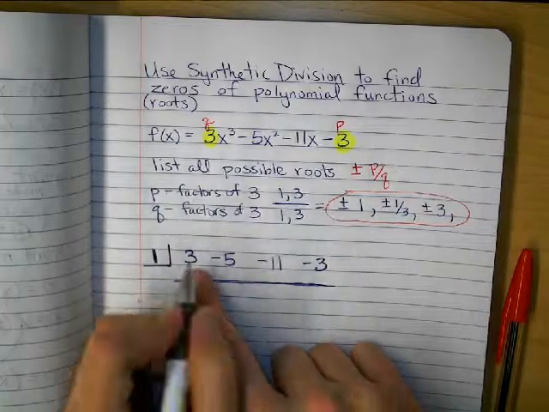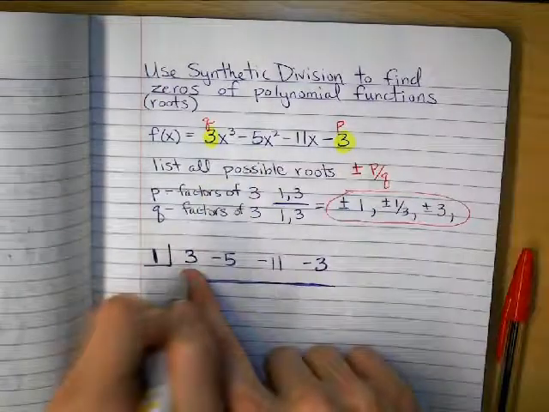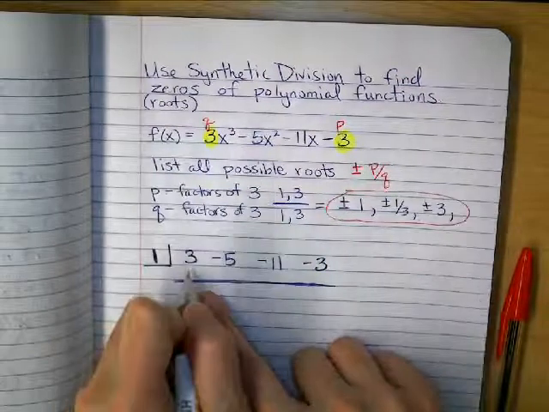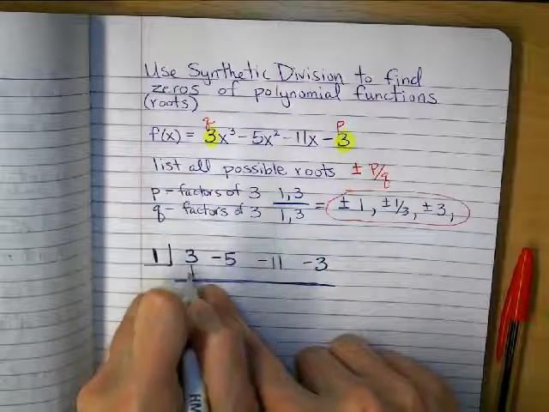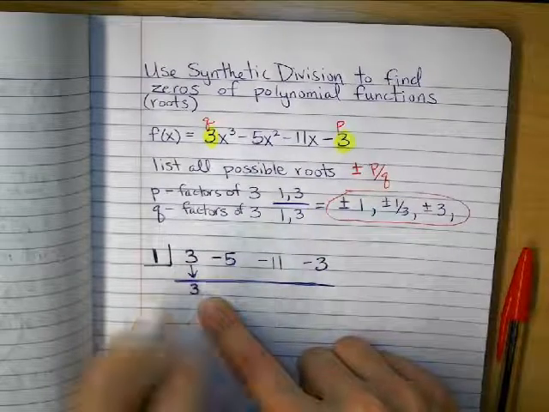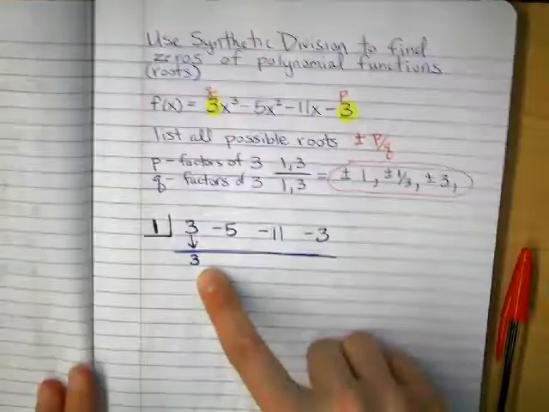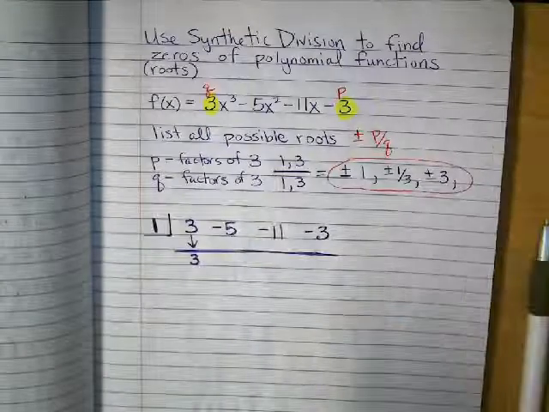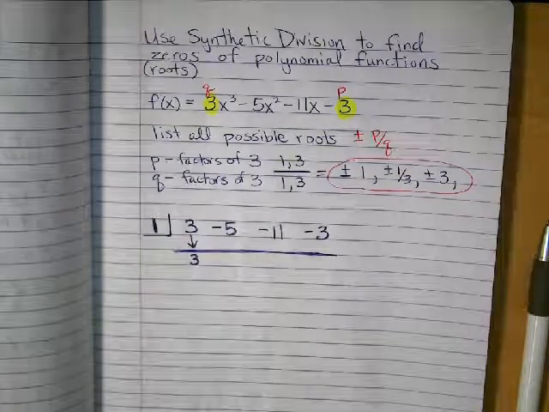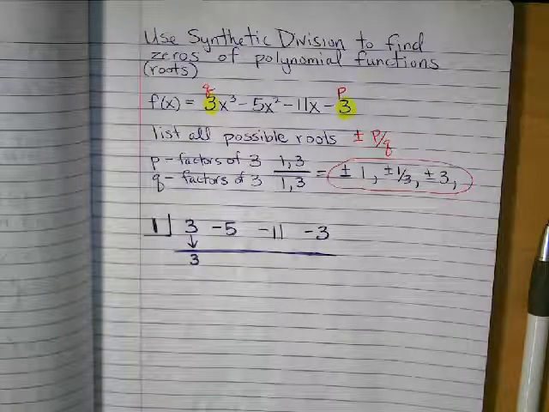So you just write down the numbers from the problem, and we're going to try one of these options. So 1, we're trying. You always bring the first number down to start, so bring this 3 down. That's the first step. Then you multiply the number we just brought down with the number in the box.